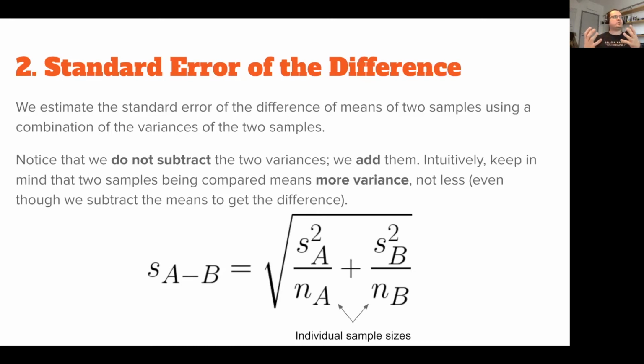We have two sources of variance, both from sample one and from sample two. And since we're making this one minus the other, these two variances basically are added to become one final variance.